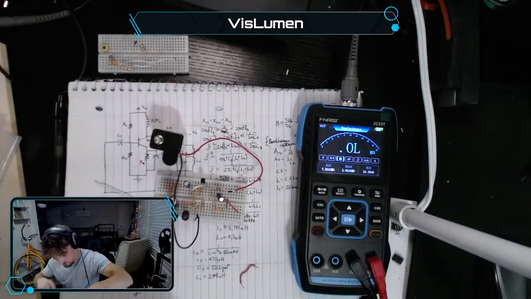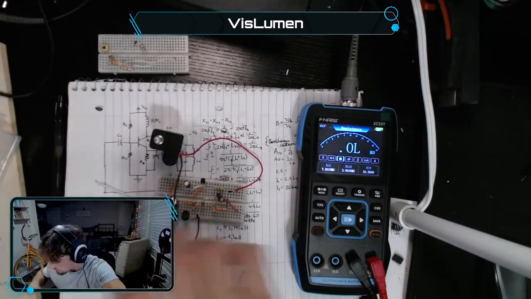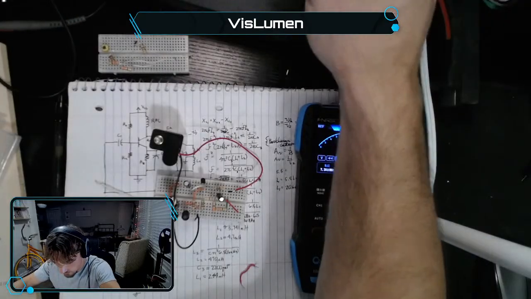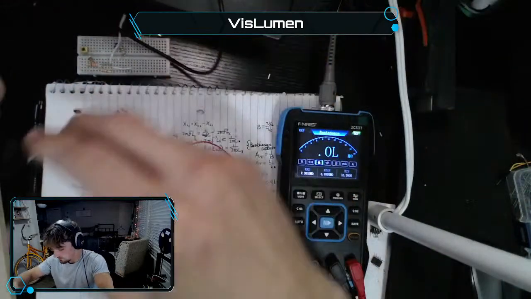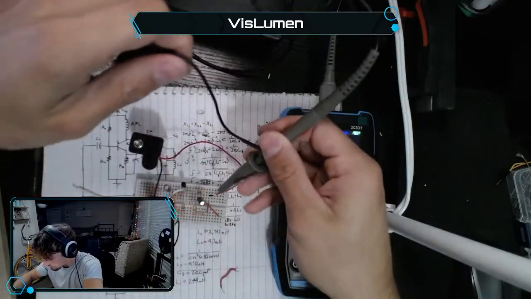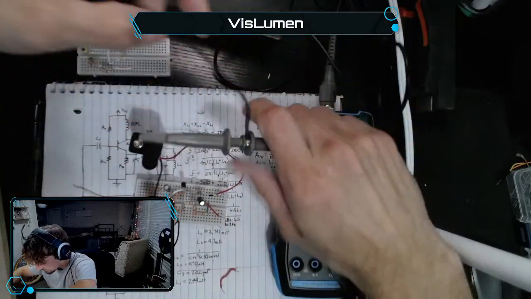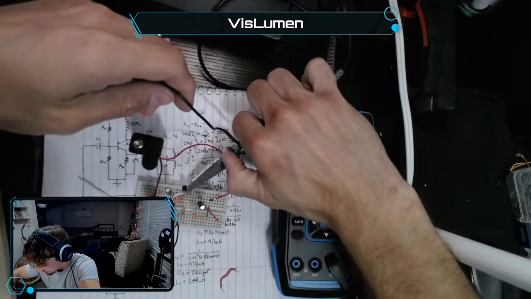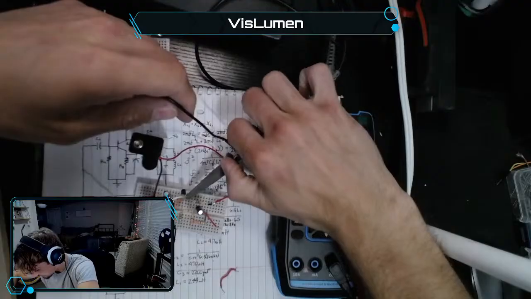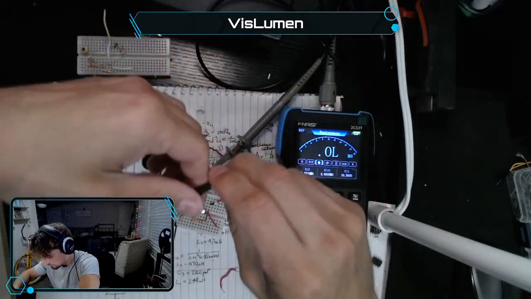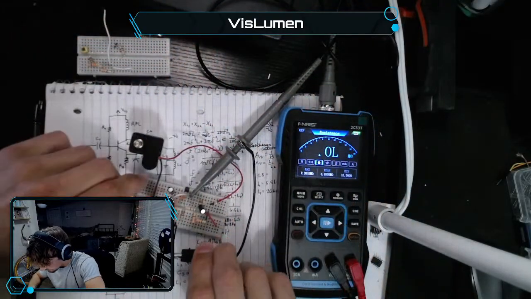Okay, let's set up our oscilloscope probes. Right to the output. Let's not measure him. Measure him. Yeah, just like that. Ground him.